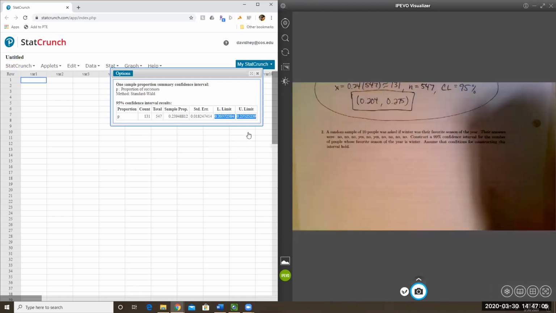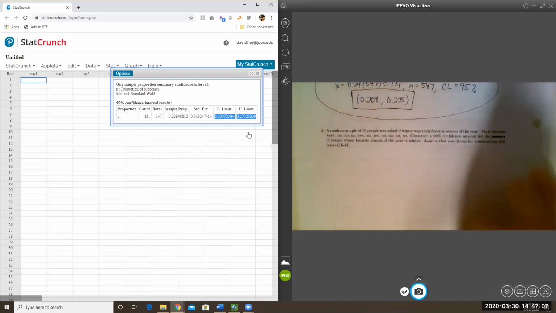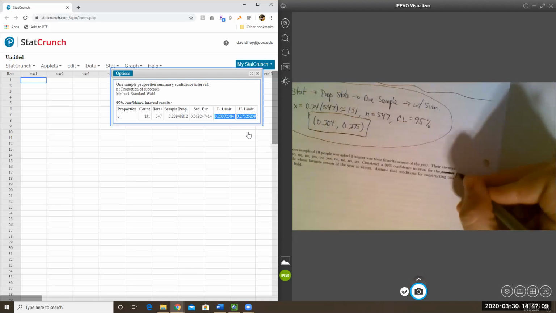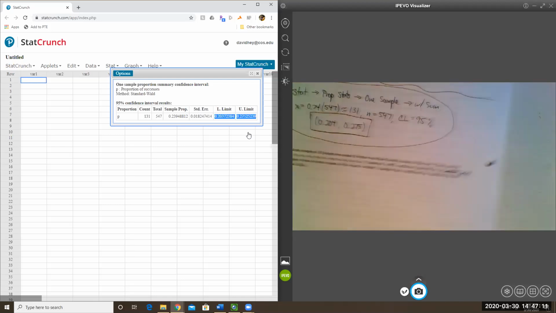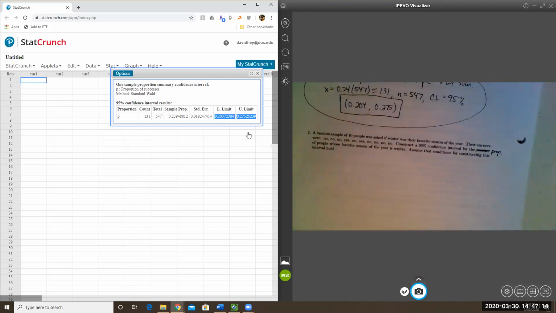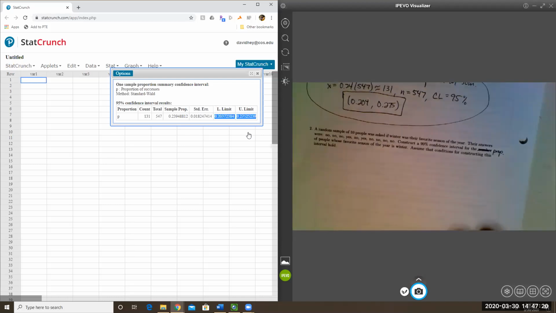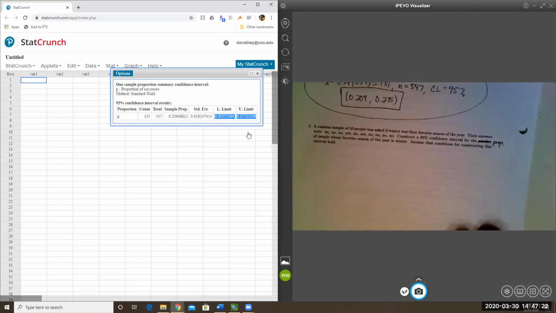I think instead of number, we should say proportion. So for the proportion of people whose favorite season of the year is winter. It says assume that conditions for constructing this interval hold. Okay, so we're not going to check conditions this time. We're just going to go ahead and do this.